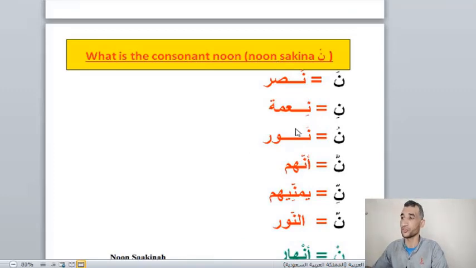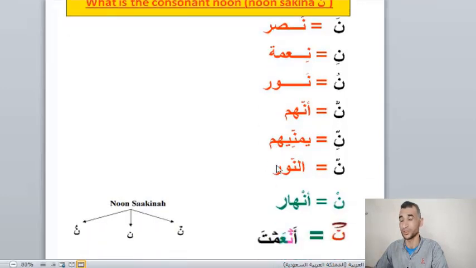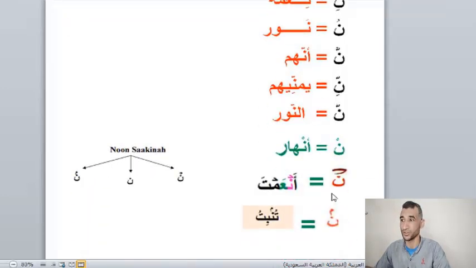These shapes of the letter noon are not related to the consonant noon. But these shapes of letter noon, which are colored with the green color, are the only shapes of consonant noon. You can see it in the Holy Quran.